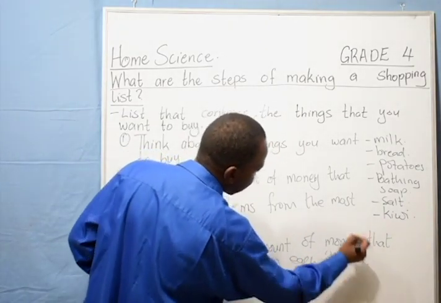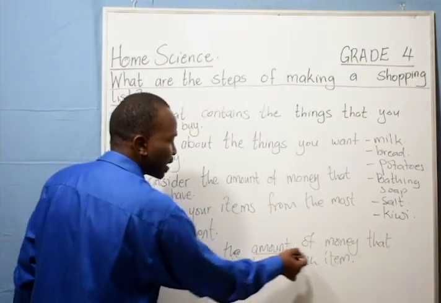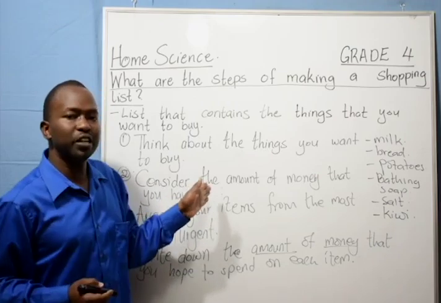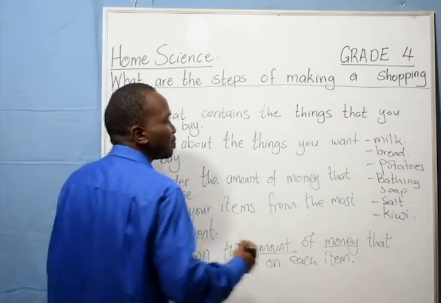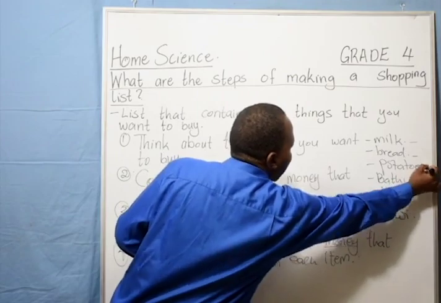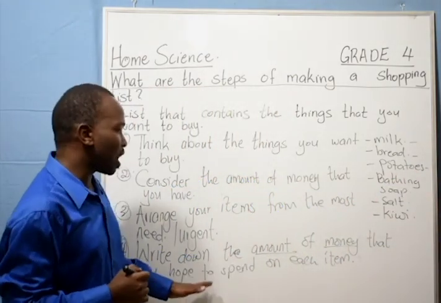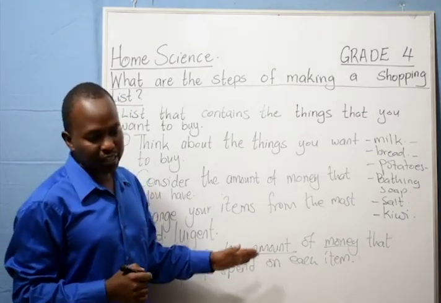You write down the amount of money. Remember, you checked to see how much money you have. So for each item, how much do you want to spend? So write it down against what is there.